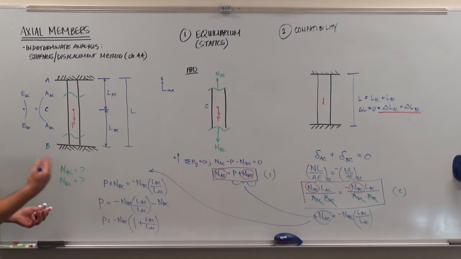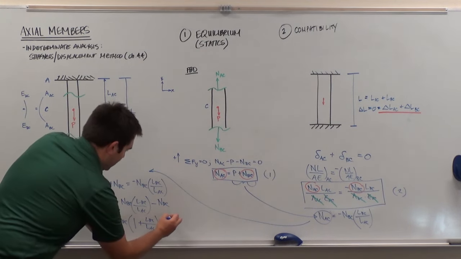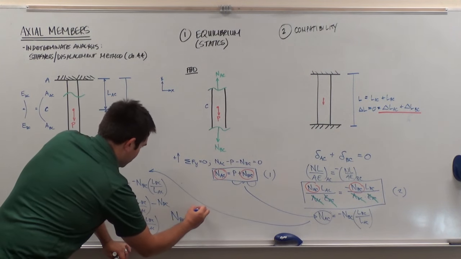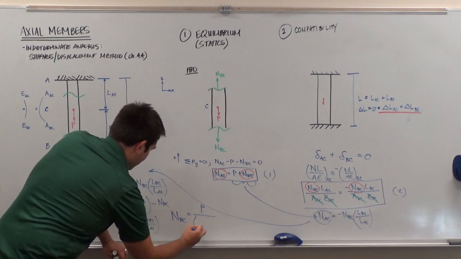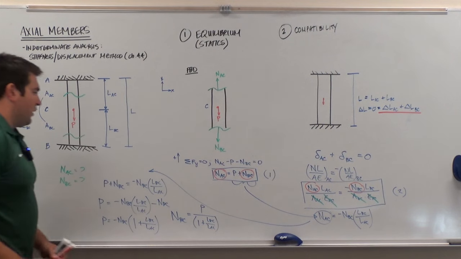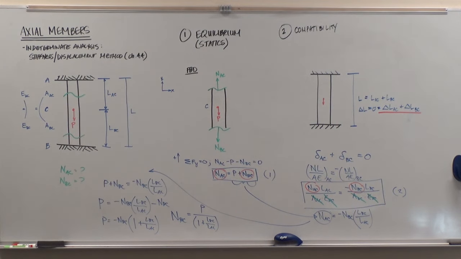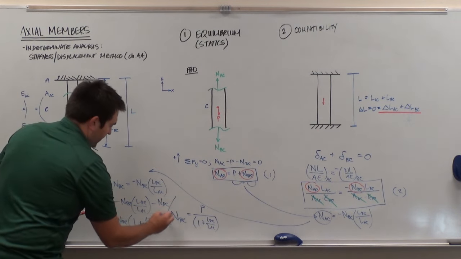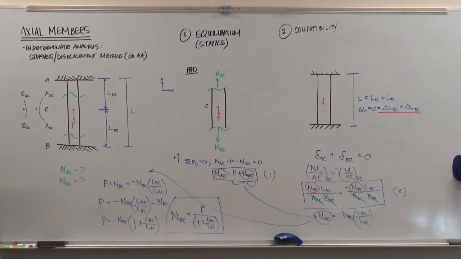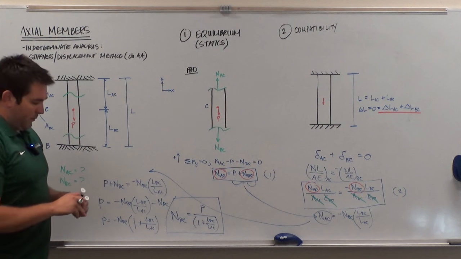I could flip the signs and then solve for NBC, and I would say that NBC equals P divided by 1 plus LBC over LAC. And so that allows us to solve for the internal normal force in member BC.